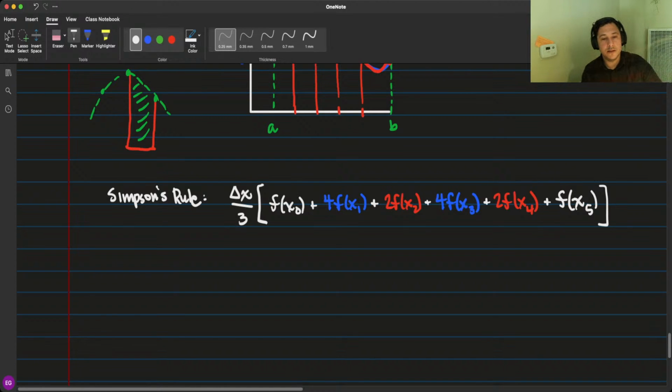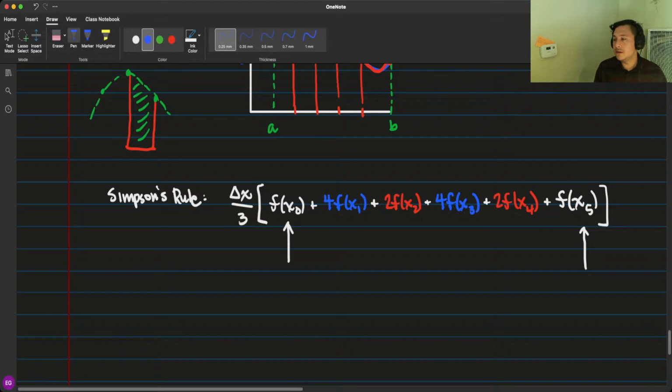Okay, so it looks sort of like the trapezoid rule in the sense that the first and last terms, you just plug in the values. Now what changes is the stuff in the middle. If you look at these terms, you see how they're odd? The odd terms, you multiply by 4.